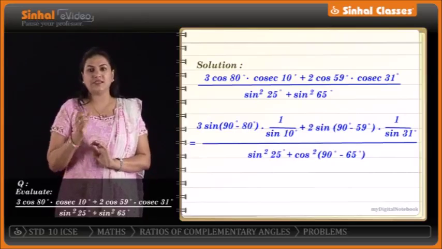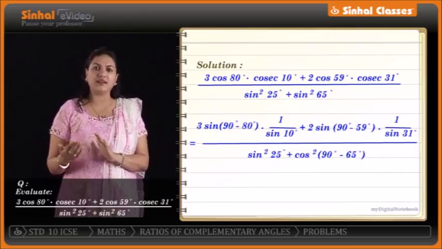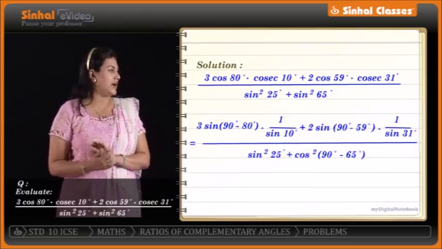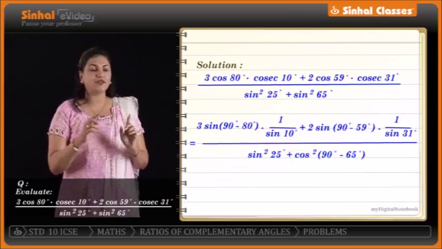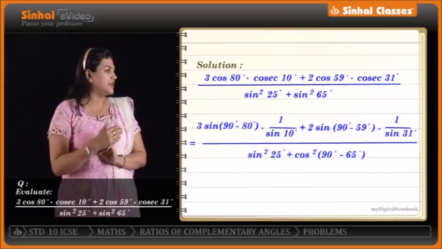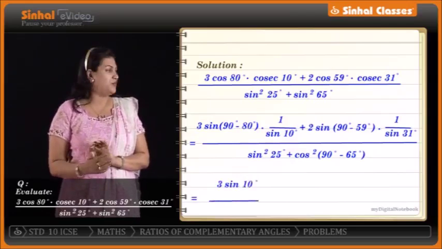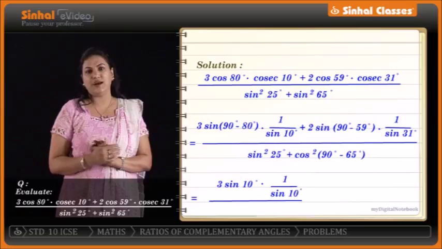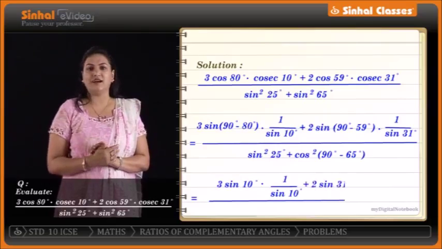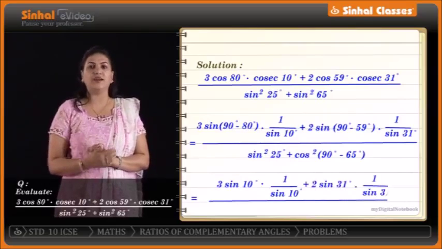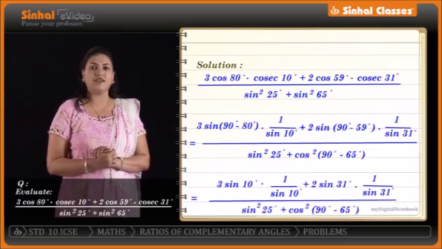Now that sine square 65, we write it in terms of cos as cos square 90 minus 65. So the expression now becomes 3 sine 10 into 1 upon sine 10 plus 2 sine 31 into 1 upon sine 31, the whole thing upon sine square 25 plus cos square 25.